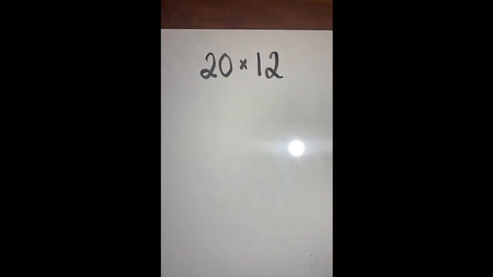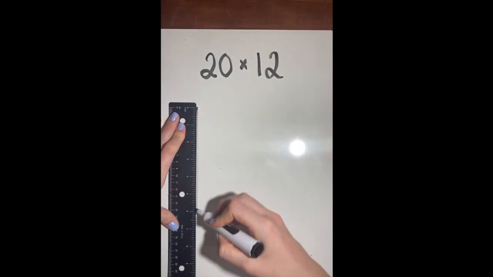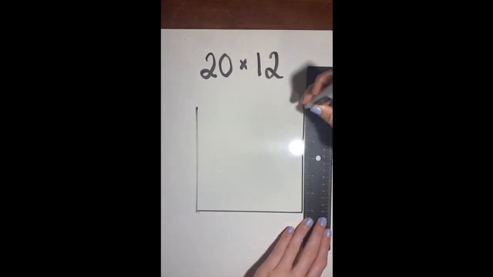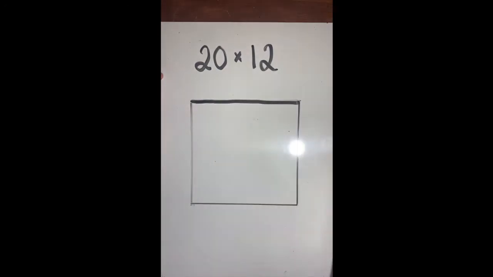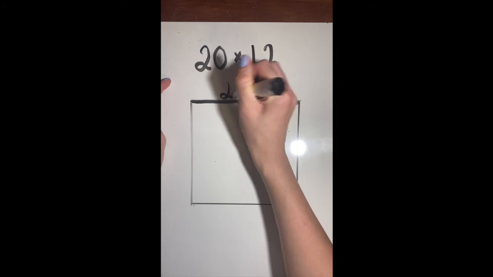So I'm going to get my ruler and draw a box. After drawing our box, we now will take our first factor and write it up top, 20.